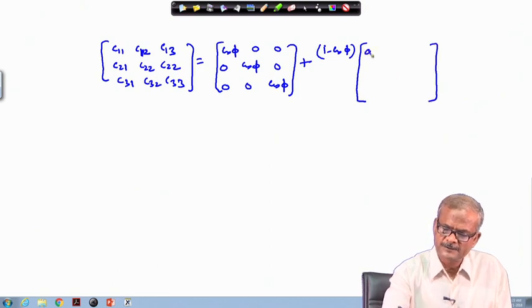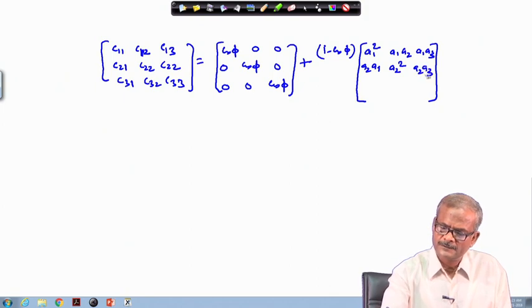So, that quantity is A 1 A square, and here A 1 A 2, A 1 A 3, similarly A 2 A 1, A 2 A square, A 2 A 3, and then A 3 A 1, A 3 A 2, and A 3 A square.